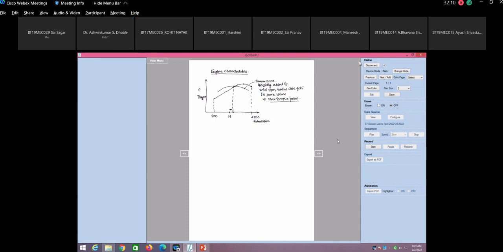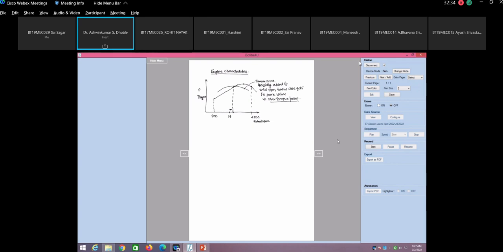Okay, sir, my question is, why after this does the engine power fall? Why does it go down? As you have rightly pointed out, Pradyumna, frictional power increases.